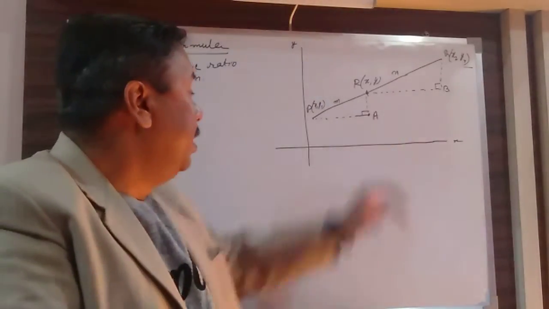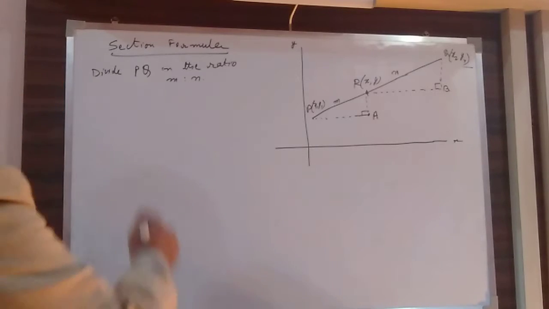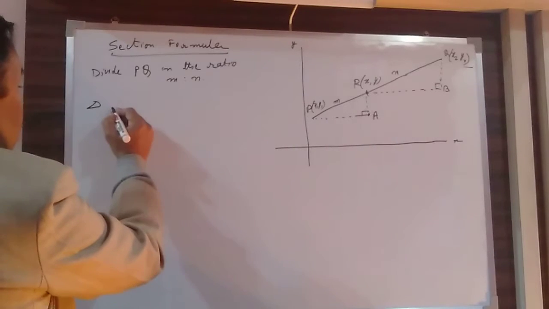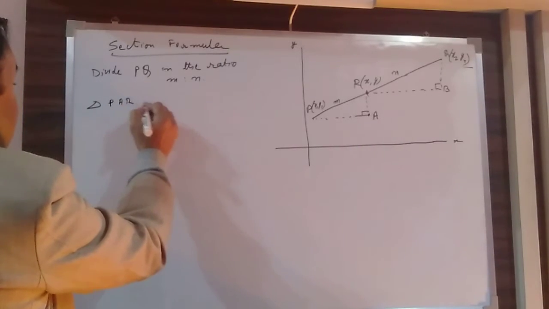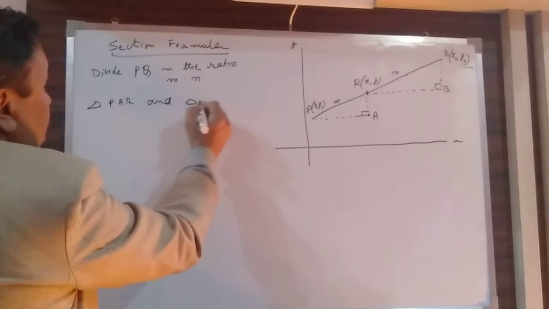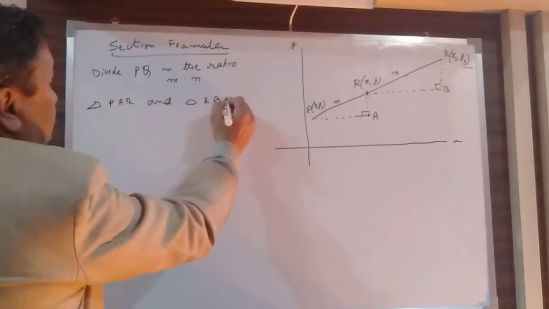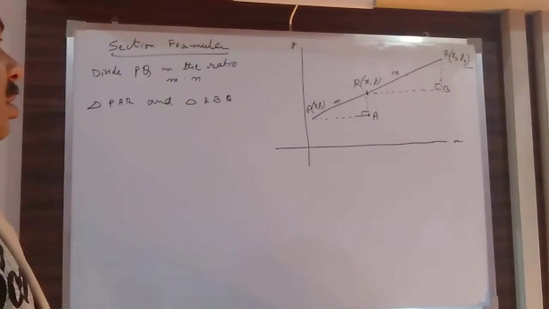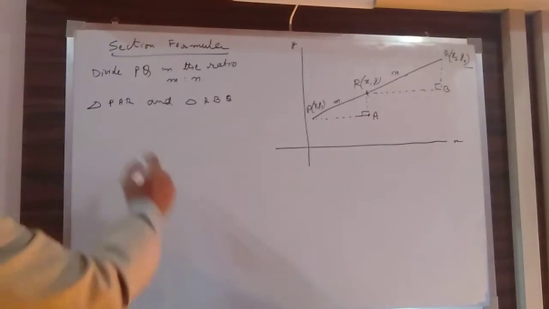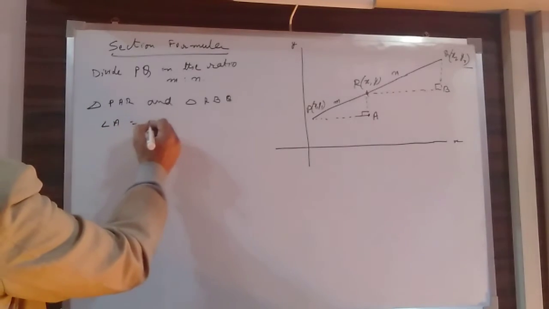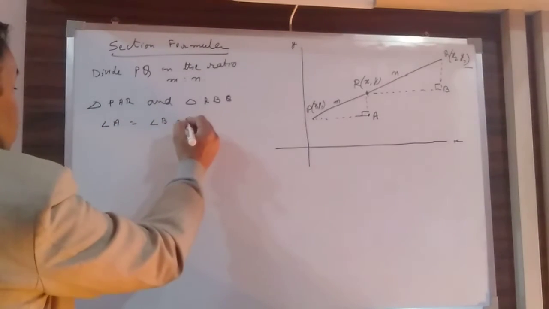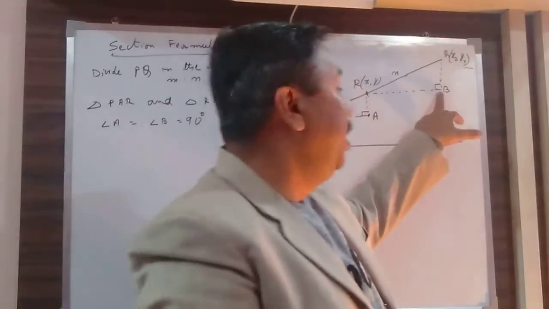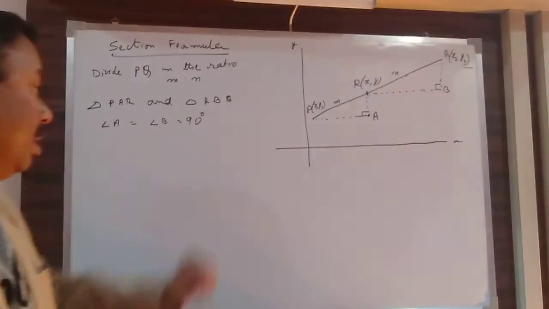Okay. Now, in these right angles, what do we get? We get triangle PAR and triangle RBQ. In these two triangles, you can see that angle A is equal to angle B, which is equal to 90 degrees, because as I have proved, the angles at these points are right angles.